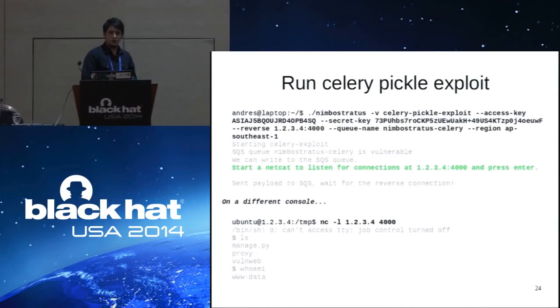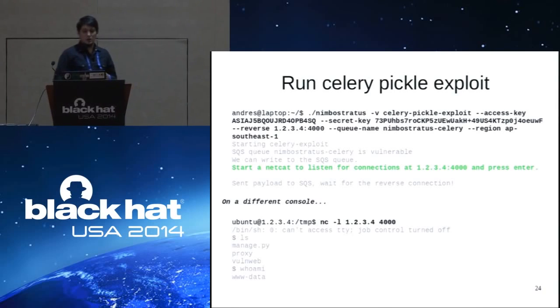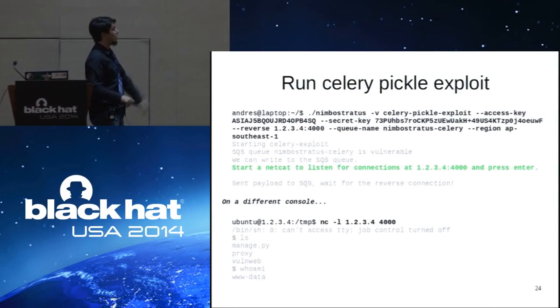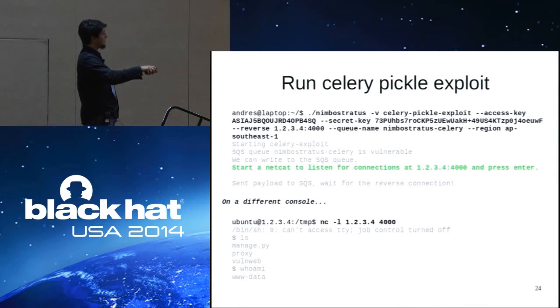So I did it, and it wasn't hard. It was actually pretty easy. I wrote a way of automating this, a Celery pickle exploit. You pass the credentials, and you say, I want a reverse shell to this IP address and this port, and I want you to write the very specific, arbitrary, Celery-looking message to this queue, and this queue lives in this Amazon region.